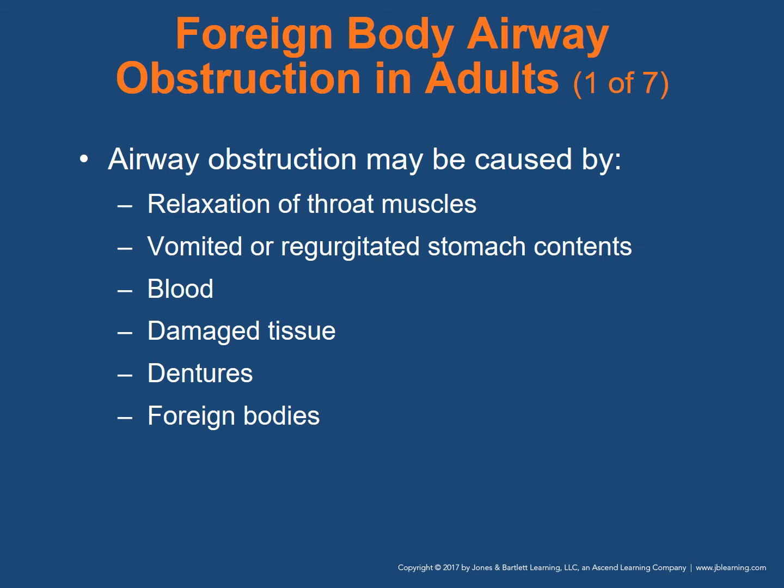Blood can also cause an issue, not only the presence of blood just sitting somewhere, especially in the mouth or the trachea, but if that blood begins to clot. If it sits around for too long, the blood is going to coagulate or clot, which can cause even further issues. Damaged tissues, dentures, and foreign bodies themselves, such as food or other sorts of materials that might get caught in the airway.